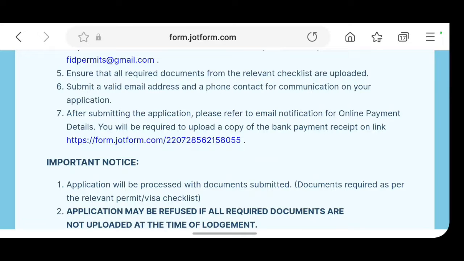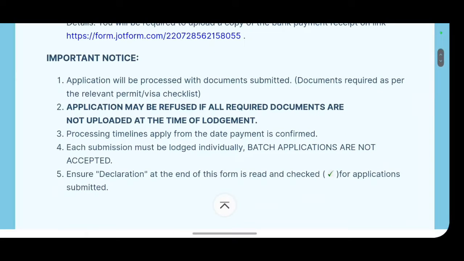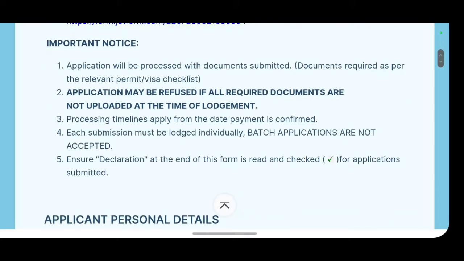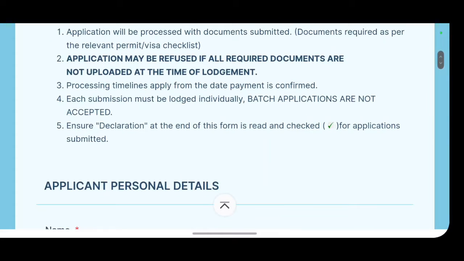You need to pay and then upload that payment receipt on this link. Other instructions are general: if you miss an important document, they are going to refuse it, and only after payment are they going to process.